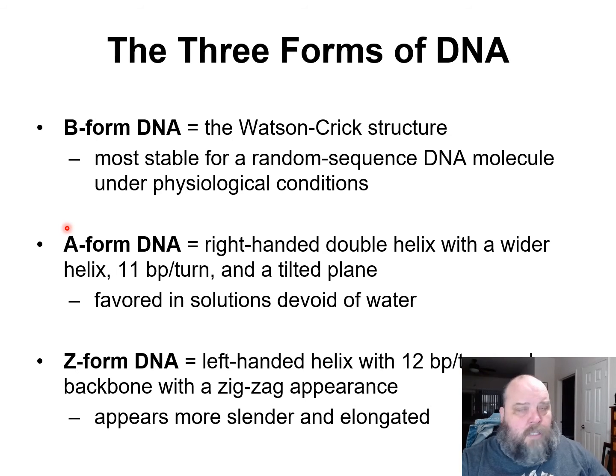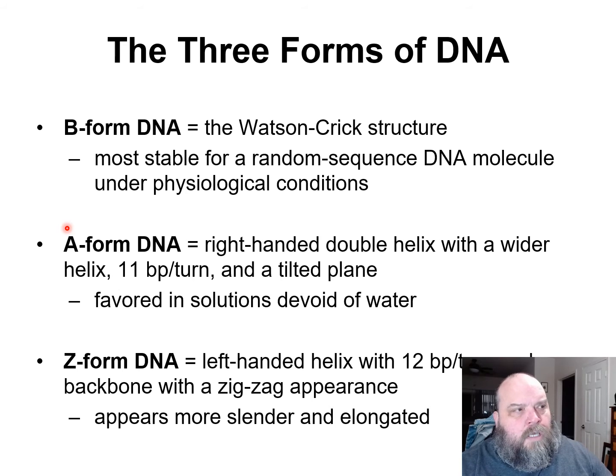This is what it's going to look like. Okay? 3.4 between the rungs, 36 angstroms, 10.5 rungs per turn, 20 angstroms wide. Perfect.